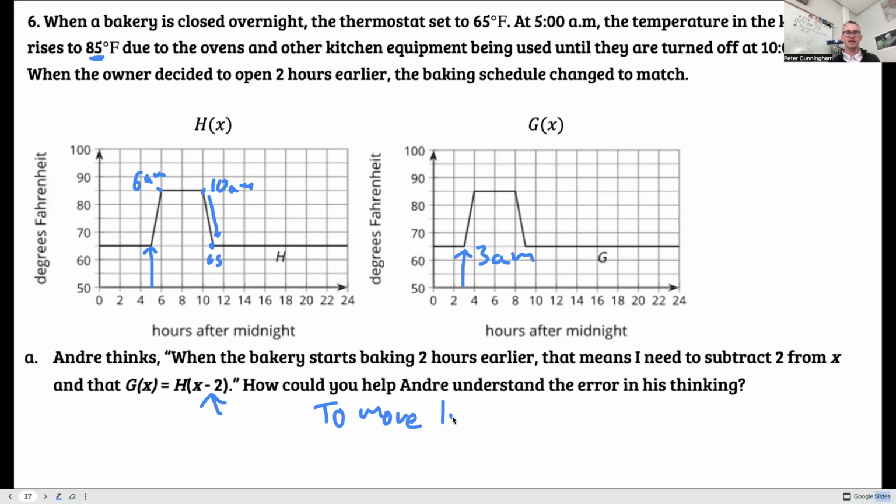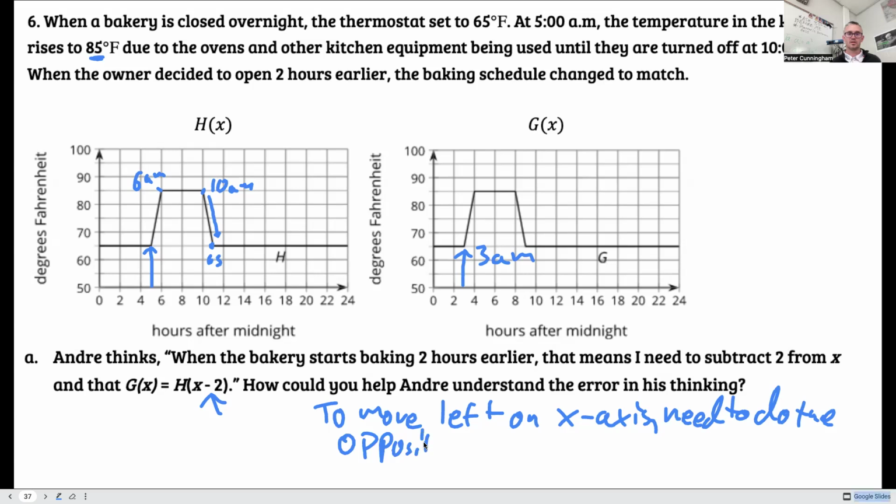To move left on the x axis, we need to do the opposite. Because x's don't listen. You didn't listen to them either. It's not just one person's fault. Everybody contributed to the demise of this.